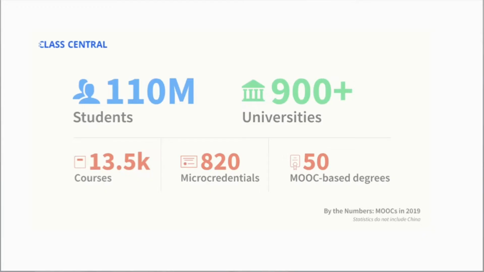As of December 2019, approximately 110 million students are registered for MOOC courses offered by more than 900 universities and approximately 13,500 courses offered by various providers such as Coursera, edX, Udacity, etc.